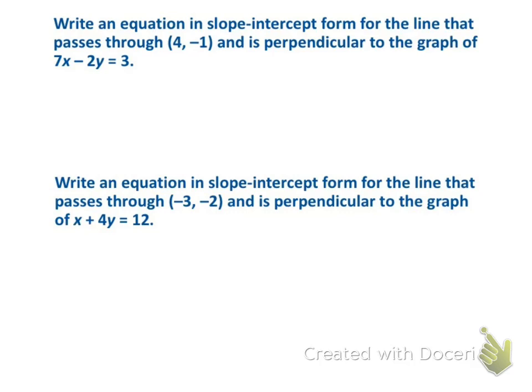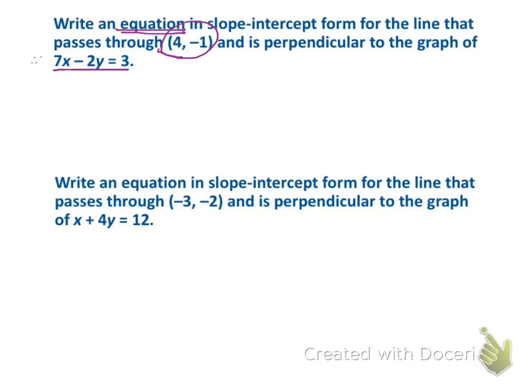All right, here's where you get into writing the equation of a perpendicular line. We've got an ordered pair, 4, negative 1, and we've got this graph, 7x minus 2y equals 3. So we need to find out what the slope is to go with this point to write our equation. What is the slope of that equation?